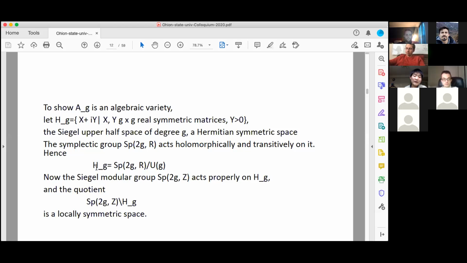Therefore, the Siegel upper half space can be written as a quotient Sp(2g,R) over U(g). Now, the Siegel modular group Sp(2g,Z), a lattice in the symplectic group, or arithmetic group, acts properly on the Siegel upper half space, and the quotient is a locally symmetric space.